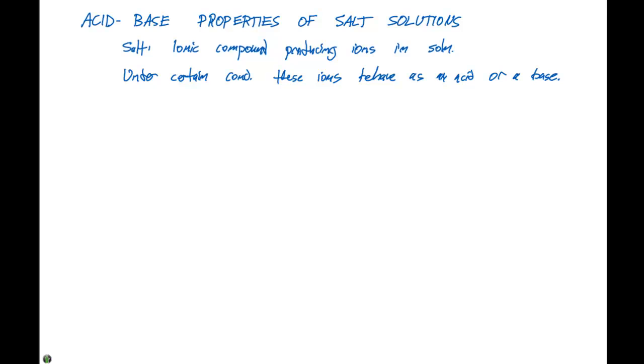So let's first look at this in terms of strong acids or bases. If we have a strong acid, our acid is HCl. If we put it in aqueous solution, that's going to give us H3O+ and Cl-.